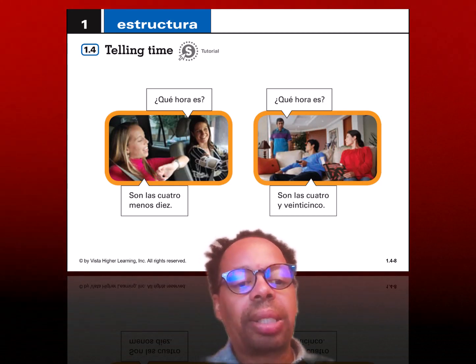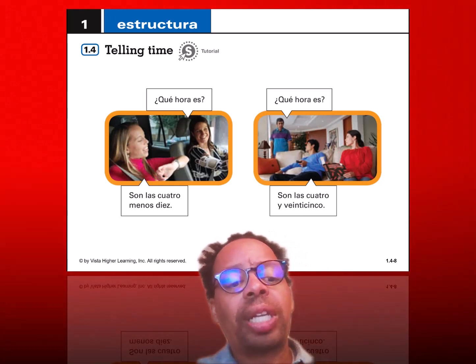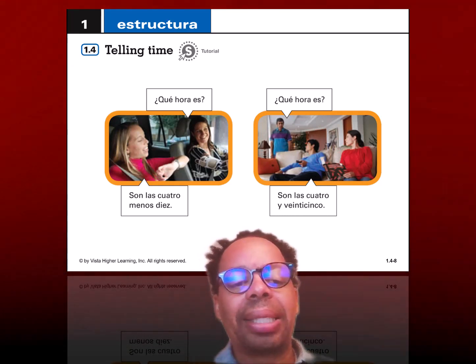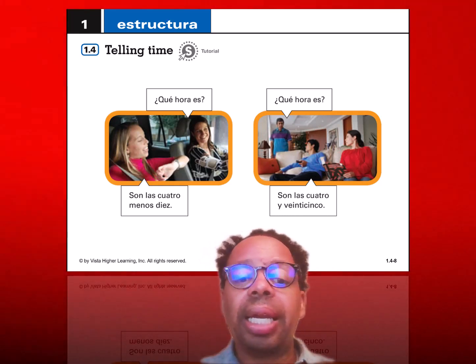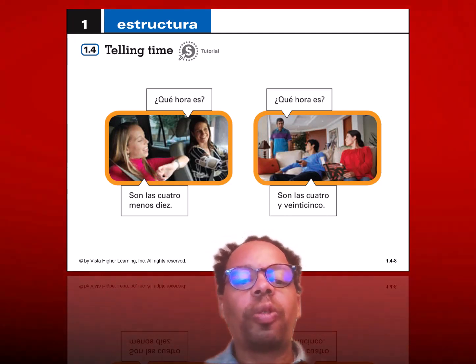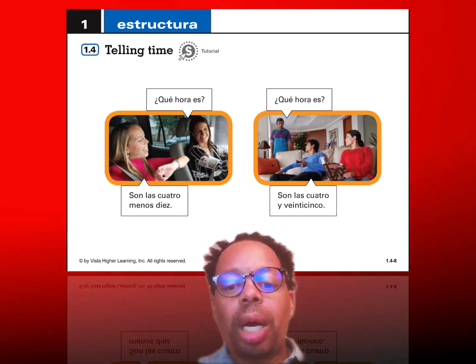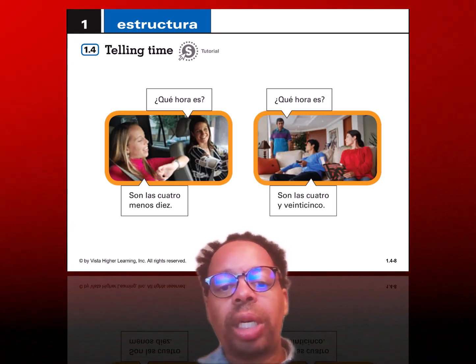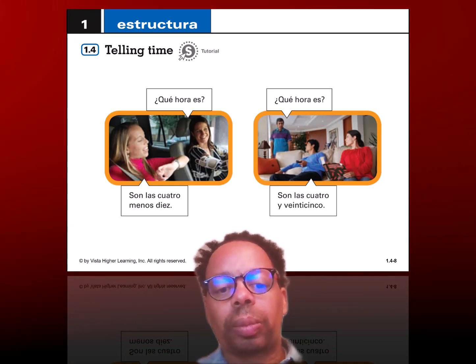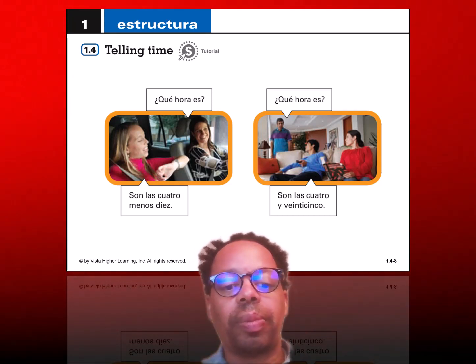So son las 4:10, he's saying son las 4 o'clock minus 10 minutes, so 3:50, you would say. And obviously on the right, son las 4:25. As I said, we'll talk about this some more leading into your exam.